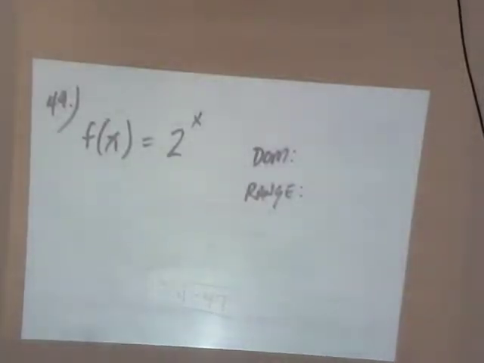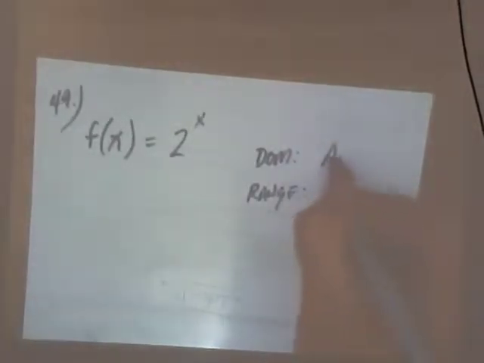What's the domain of this function? All real numbers. Are there any restrictions? Can't I do 2 to a negative number? Yeah. I can do 2 to 0, right? And obviously 2 to a positive number. So the domain is all real numbers.